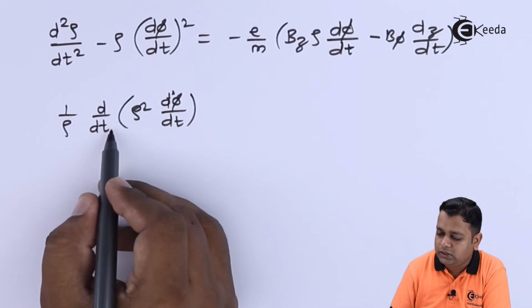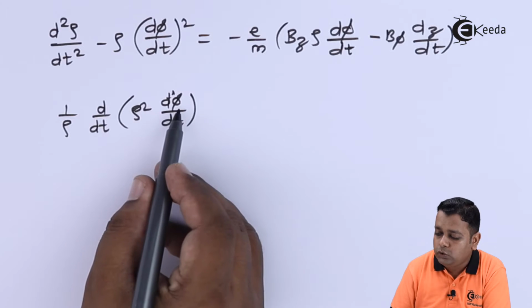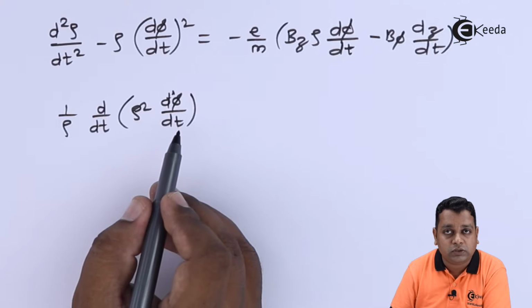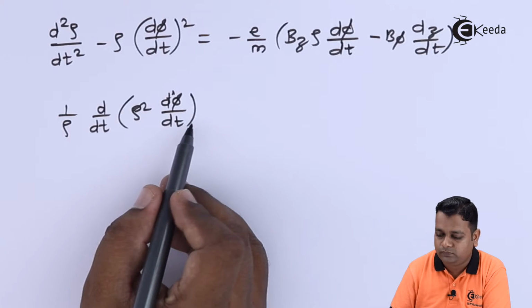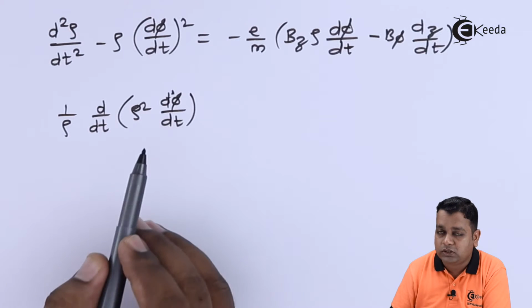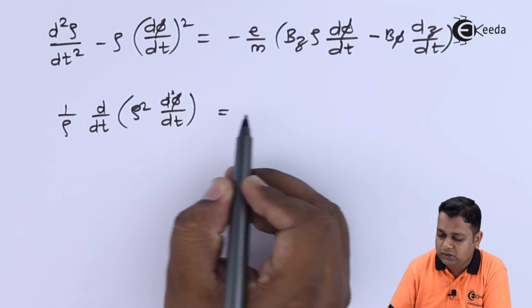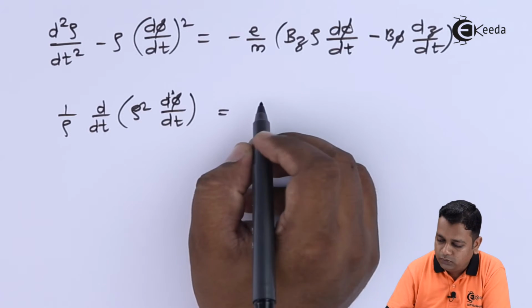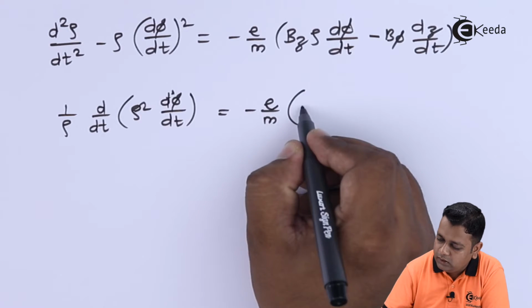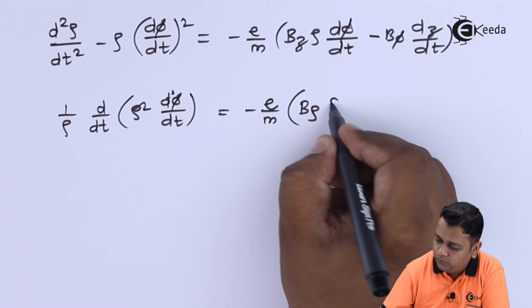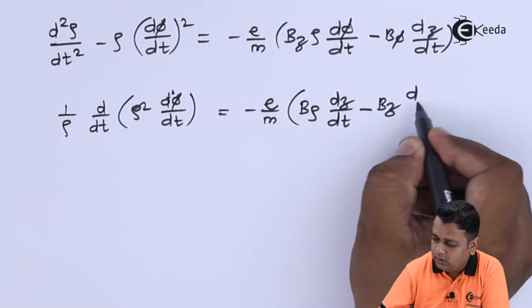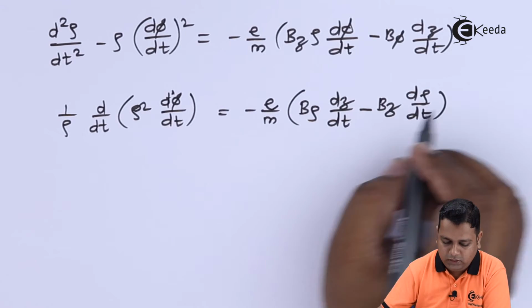If you apply this d/dt inside the bracket, it will be d2 phi upon dt square. This is the acceleration of the electron in the presence of a magnetic field in the phi direction. This was with respect to the rho direction, radially outward. This is with respect to the phi direction, the angular direction. It will be given by minus e divided by m in the bracket, B rho dz by dt minus Bz d rho by dt.